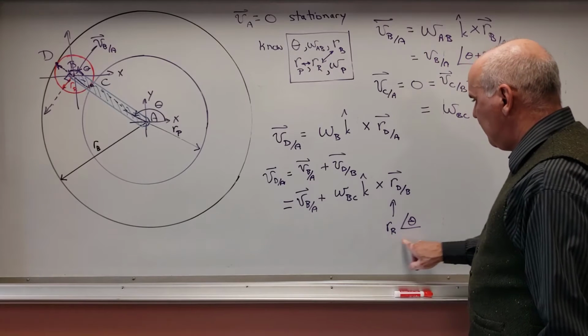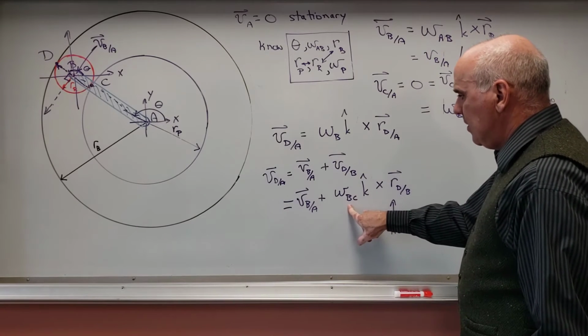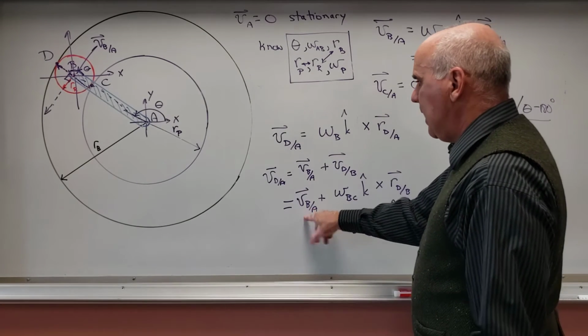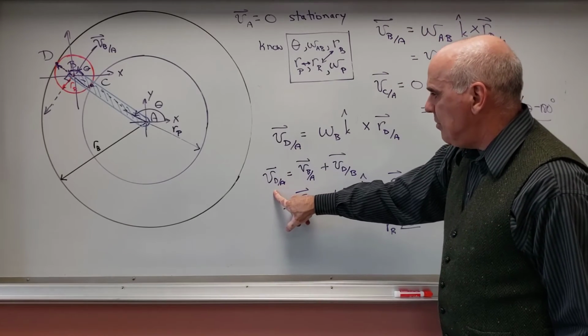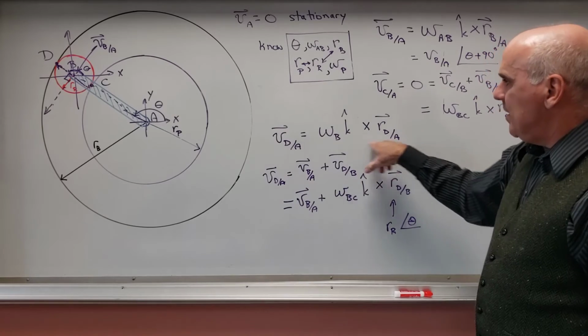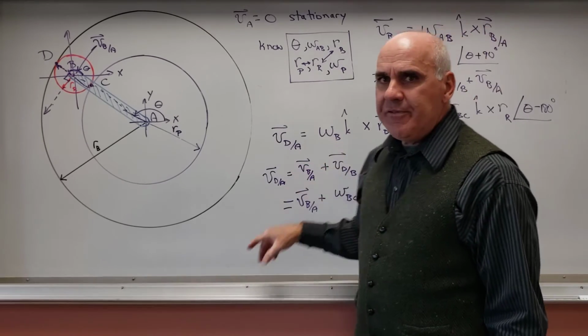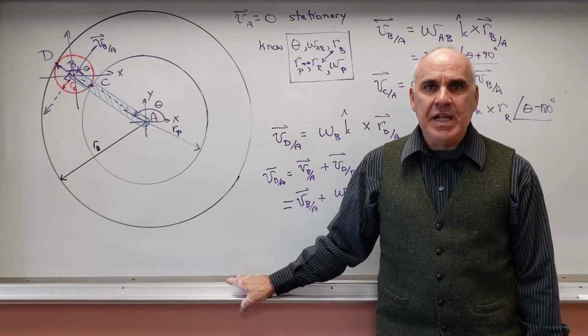So I know this, and I know this, and I know this. So I can find the velocity of D with respect to A. And once I have the velocity of D with respect to A, I know the radius, I can tell you how fast the black gear is rotating.